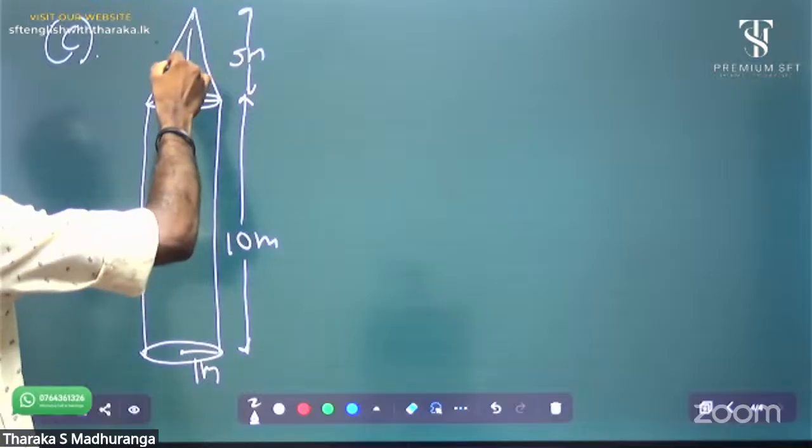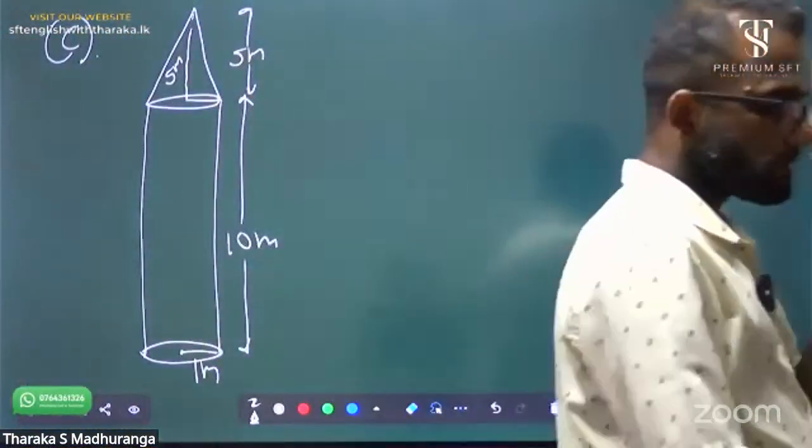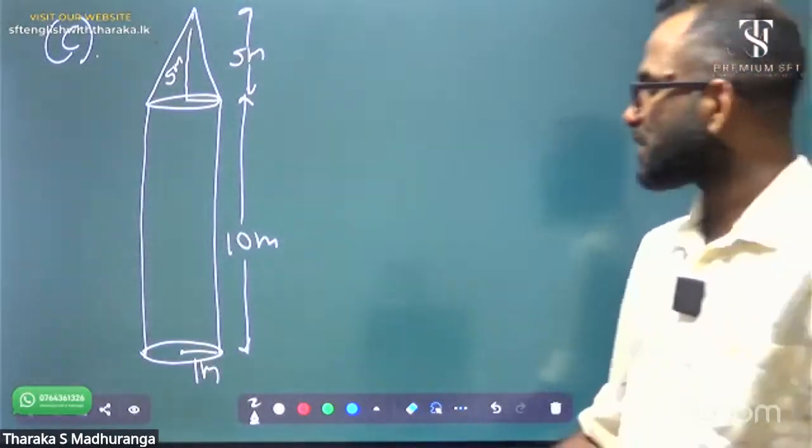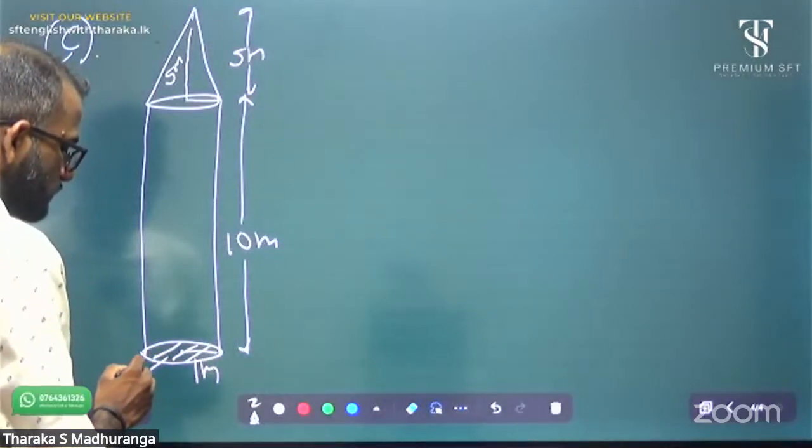This is the cone height, 5 meter. The base is excluded, right? Don't need the base.